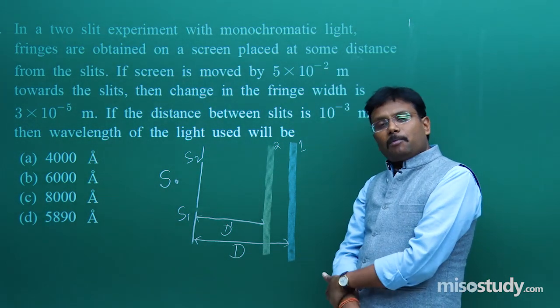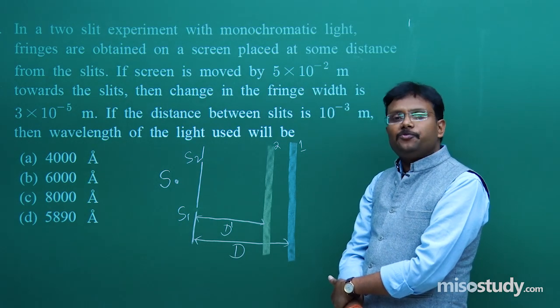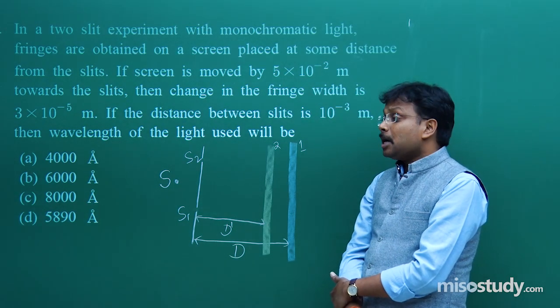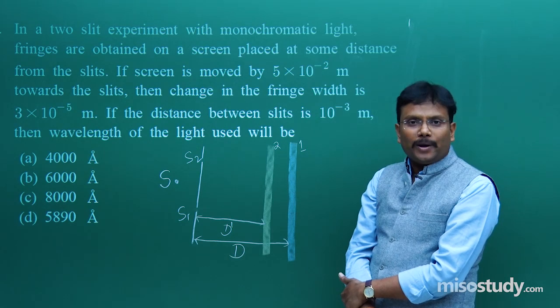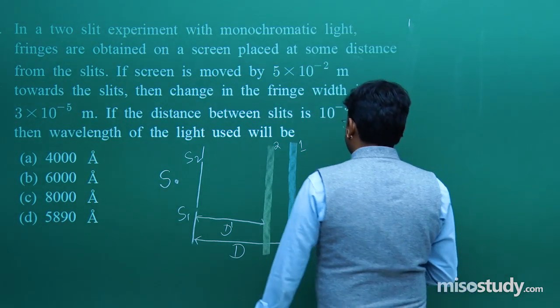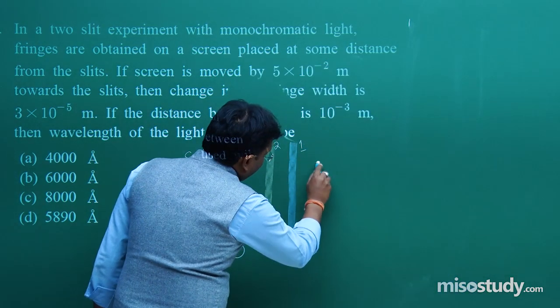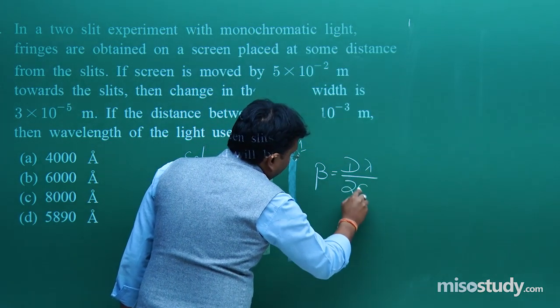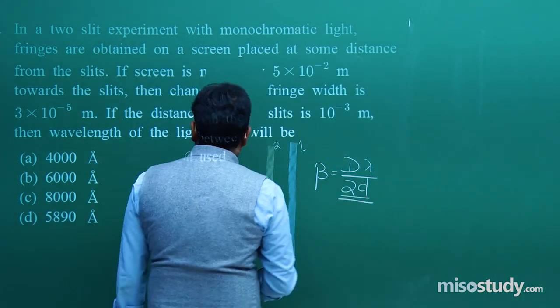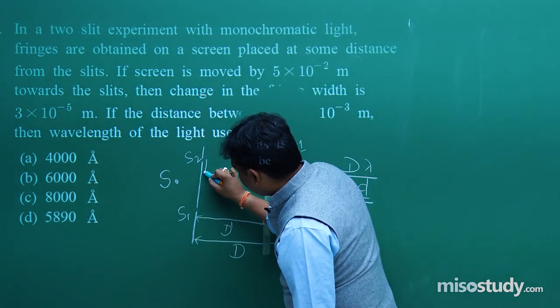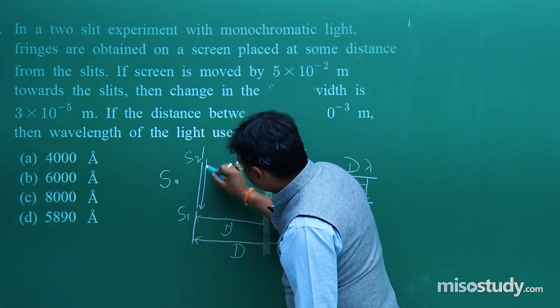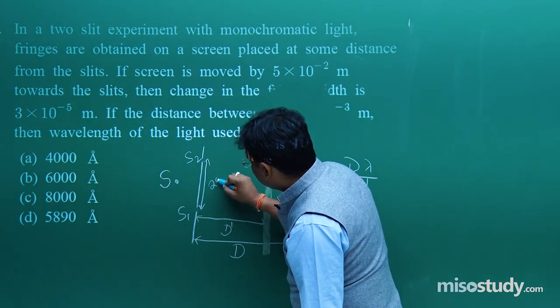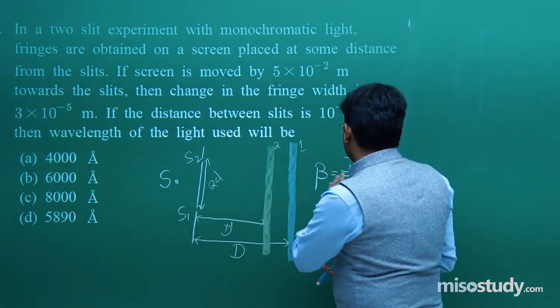So, what is the formula for the fringe width? Fringe width beta is equal to lambda D upon 2d, where 2d is, you know what? 2d is this spacing between the slits.